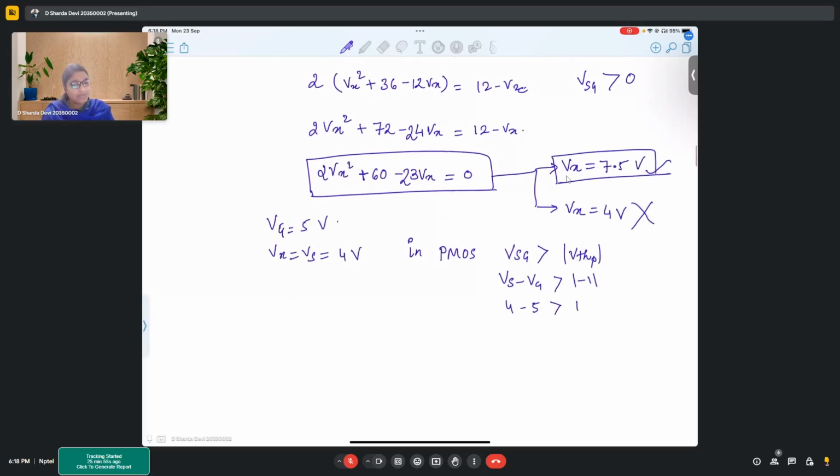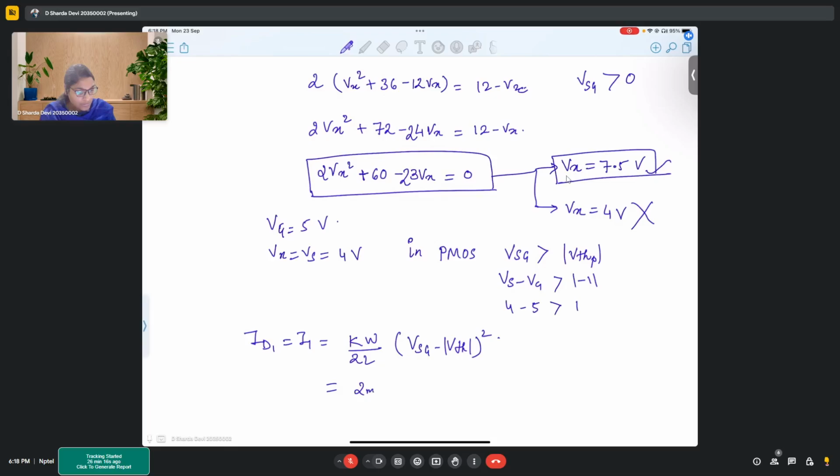So this is what we got. So from here, now if we try to calculate the current ID1 or I1, it will be kW by 2L times VSG minus VTH whole square.